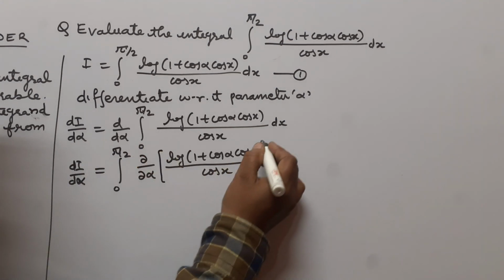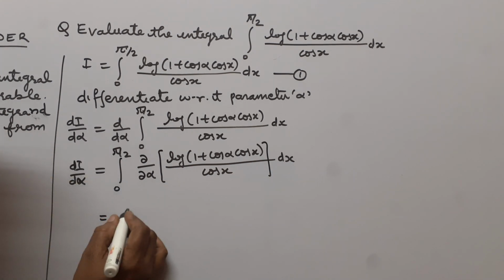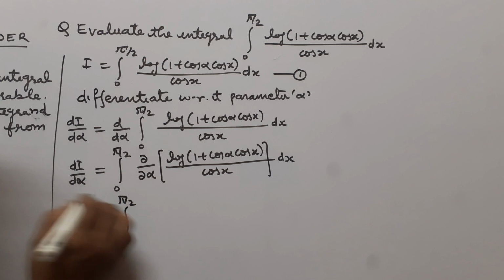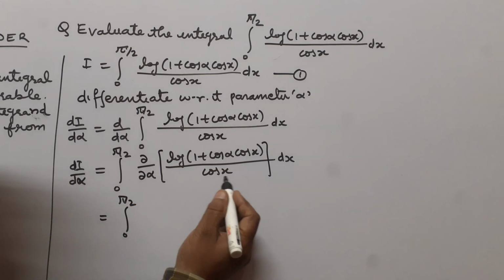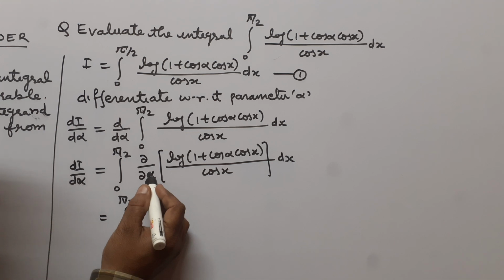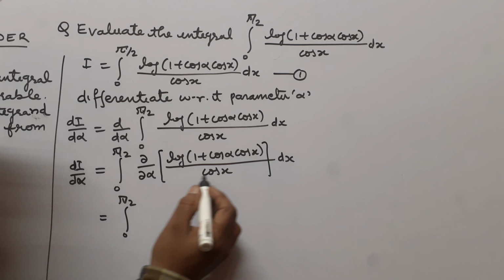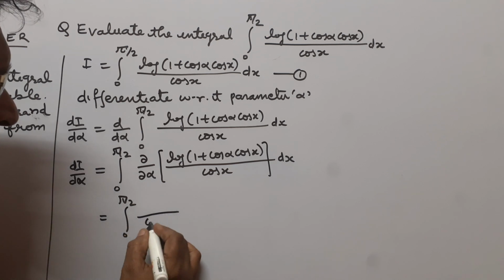Now we differentiate this partially with respect to alpha. Here cos x is constant with respect to alpha, because we differentiate partially with respect to alpha.